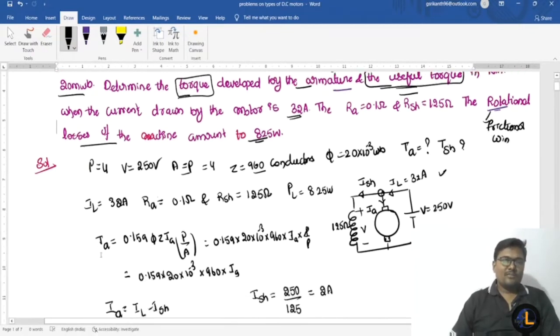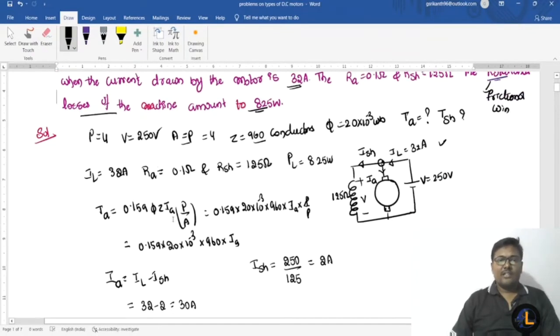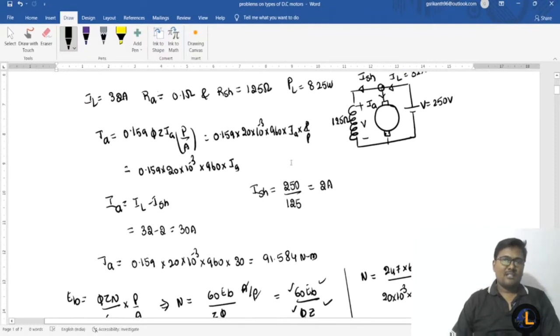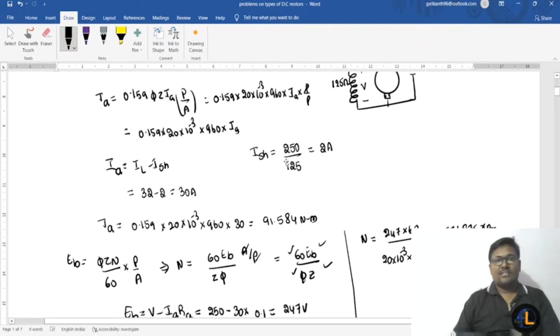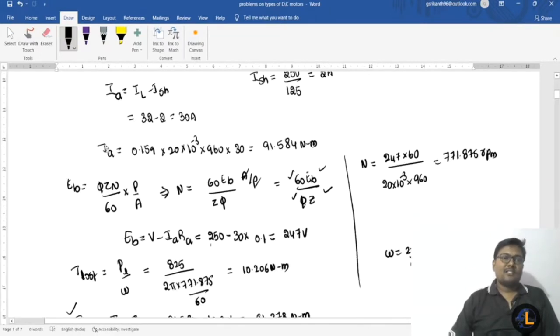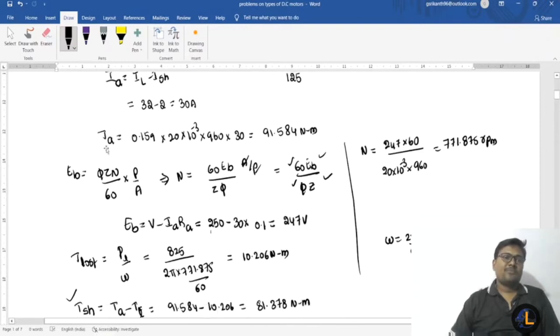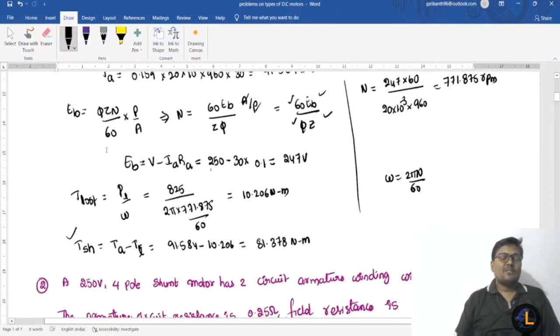Torque is equal to 0.159 into phi Z into Ia into P by A, but in this Ia is the unknown quantity and Ia is equal to IL minus ISH, and ISH can be calculated by V divided by RSH, and after that Ia substitute in the armature torque equation, then you will get the total armature torque. Similarly, back EMF is equal to phi Z n by 60 into P by A. From this you can calculate the speed.